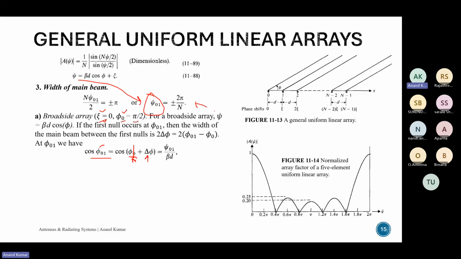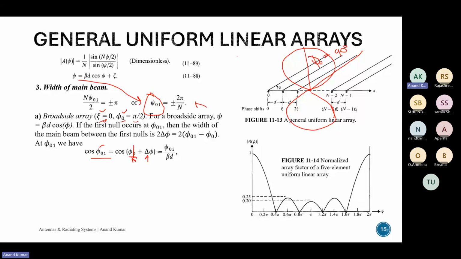The broadside array pattern would look something like this, and this is phi naught equals 90 degrees, and this is the first null location.